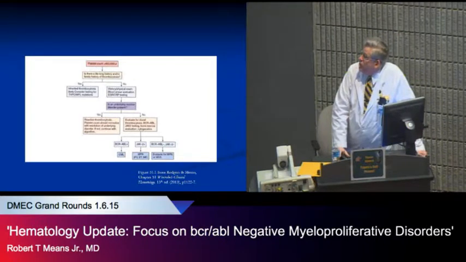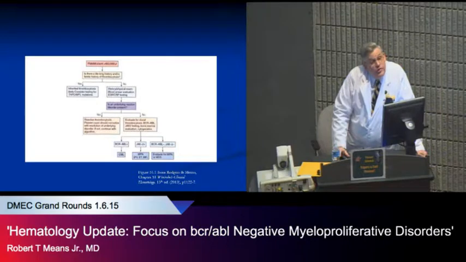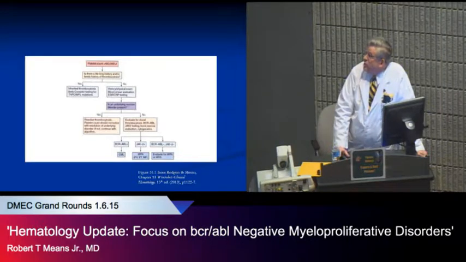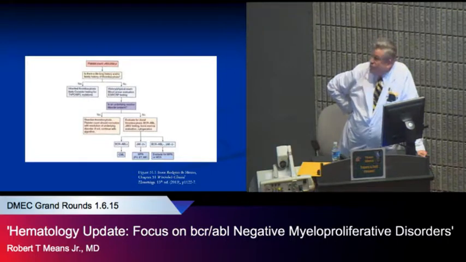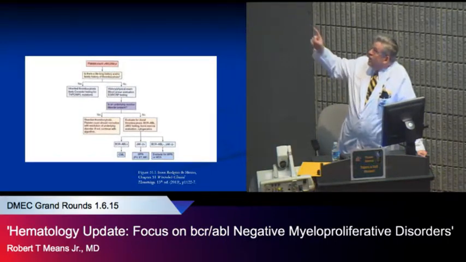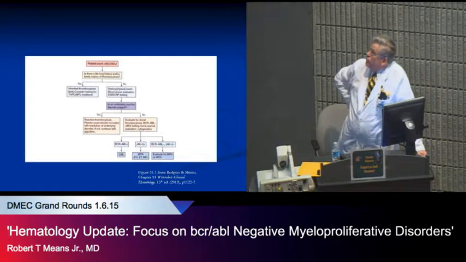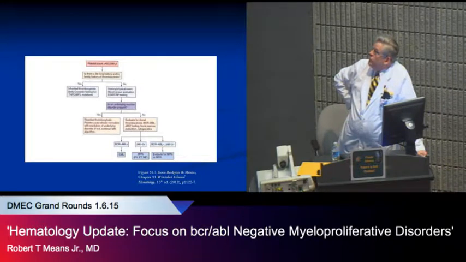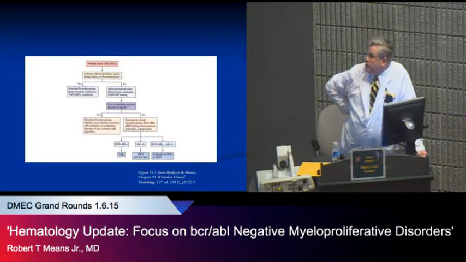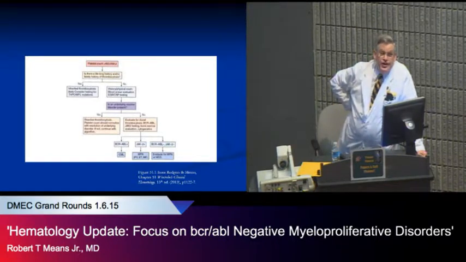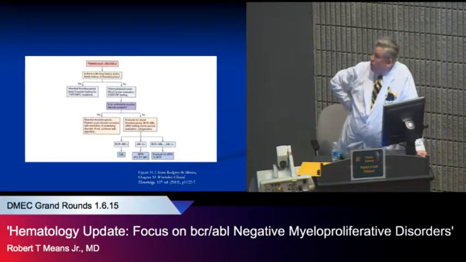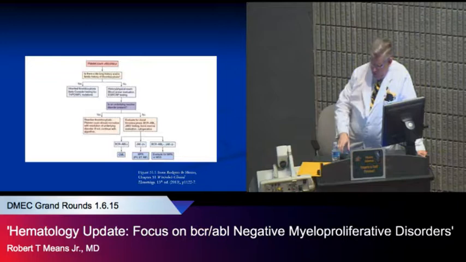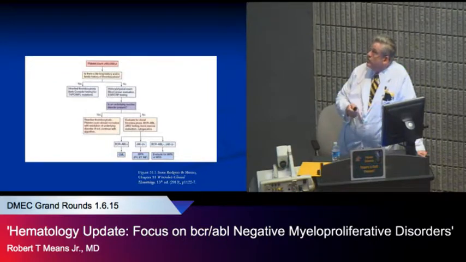If you are BCR-ABL positive, then you have CML, chronic myelogenous leukemia. If you are JAK2 negative, then you have one of the JAK2 negative myeloproliferative disorders. Sometimes people who are both BCR-ABL negative and JAK2 negative may have a myeloproliferative disorder not otherwise characterized, or they may have a myelodysplastic syndrome. There are also some JAK2 positive myelodysplastic syndromes.